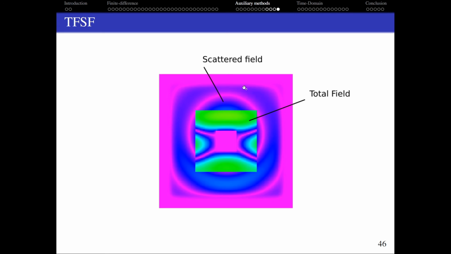This is a very useful formulation because, for instance, here we wanted to compute the cross-sections of these particles, so we have the absorption cross-section. To compute the absorption cross-section, we need to put a sensor around the particle, but this sensor needs to be able to detect the incident field.